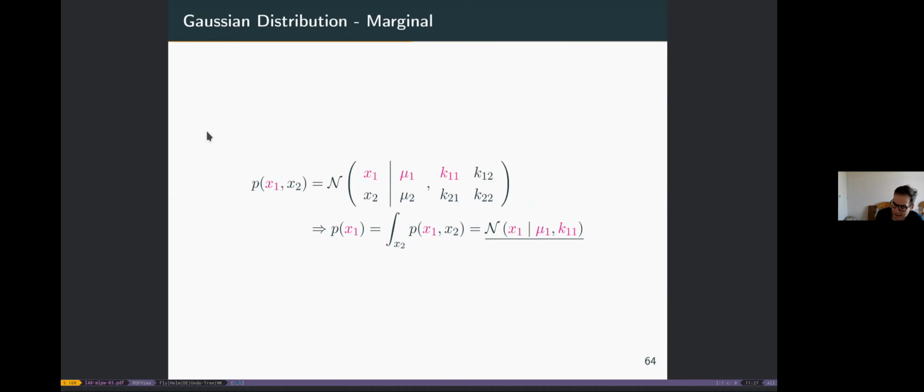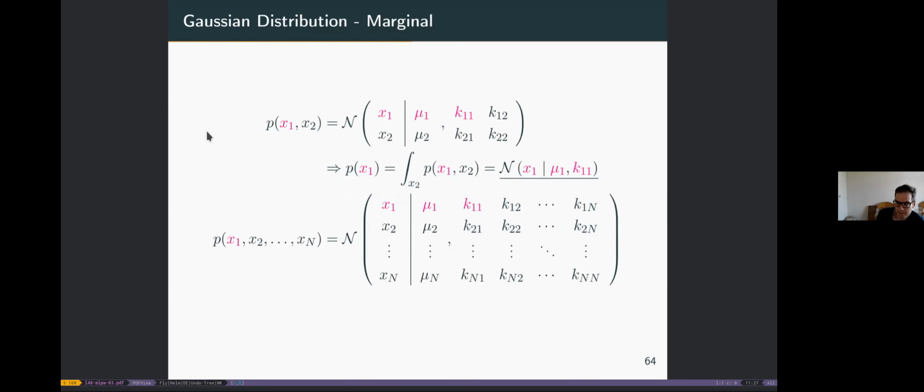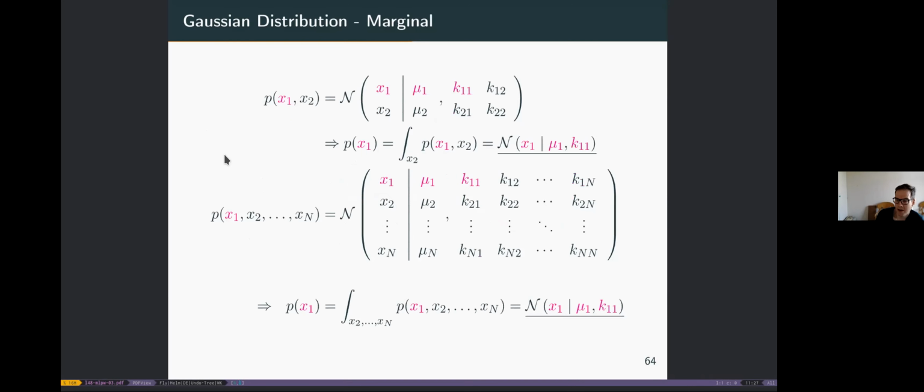Now, if I instead take a much, much bigger Gaussian, this huge Gaussian, but I keep the mean and the variance element for 1 exactly the same, and I integrate out all the n elements of this, I reach exactly the same distribution. So this is what's called the marginal property of the Gaussian, or if you take Carl's course in engineering, he's going to refer to this as consistency.